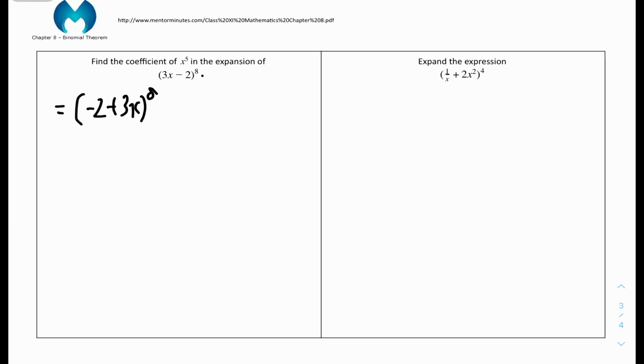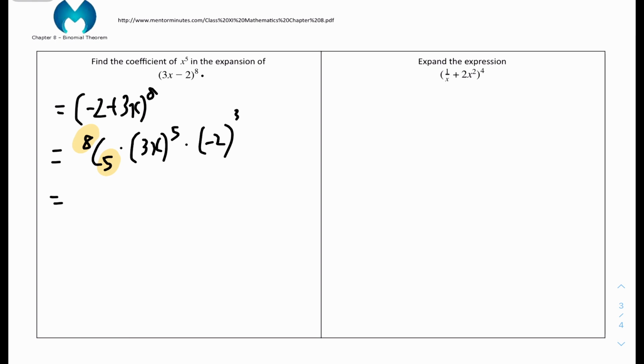To find the coefficient of x to the power of 5, we can do it straight away, because we know that 8c something, and that something will represent the power. So we have to do 8c5, because 8c5 will be times 3x to the power of 5, which gives the coefficient of x to the power of 5, which is what we want. And times minus 2, and the power of minus 2 will be 8 minus 5, which is 3, like so.